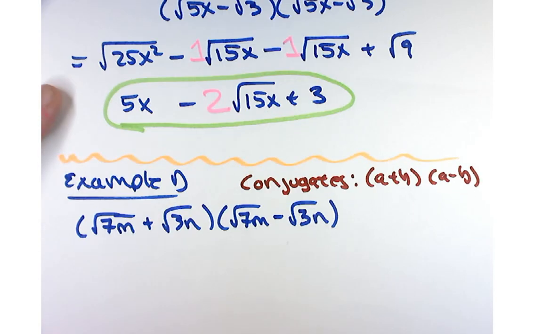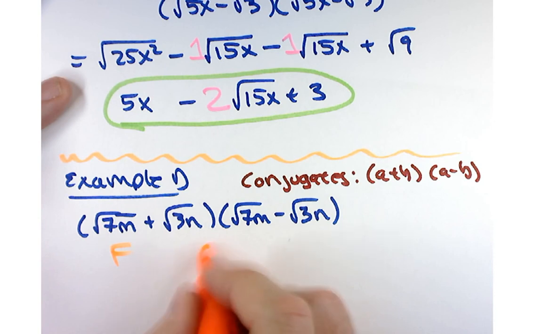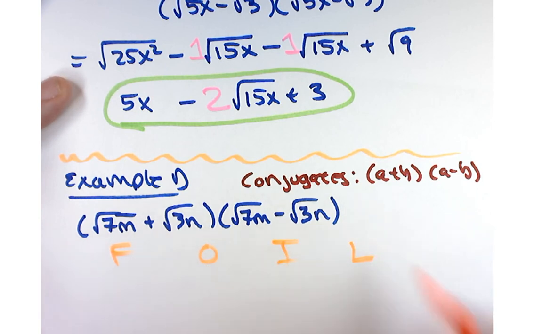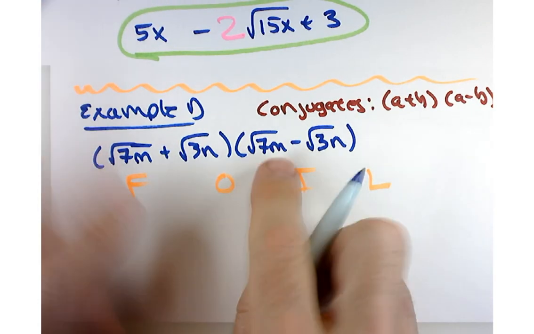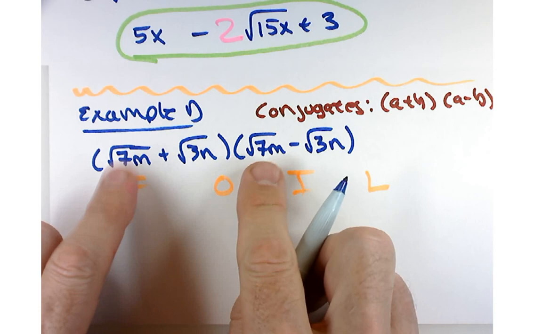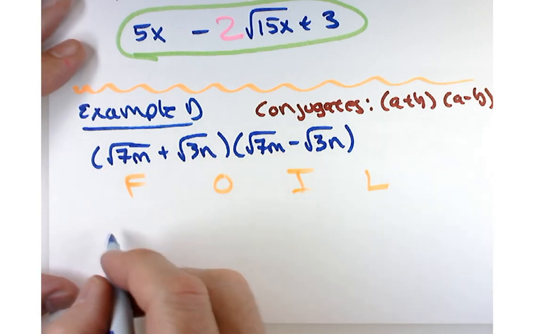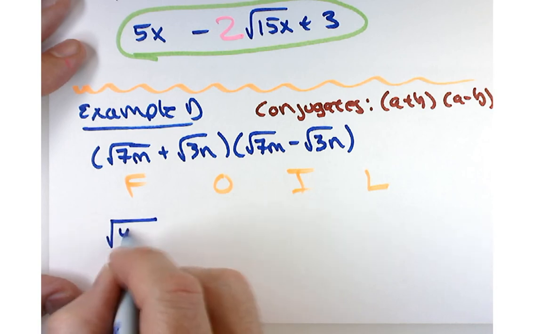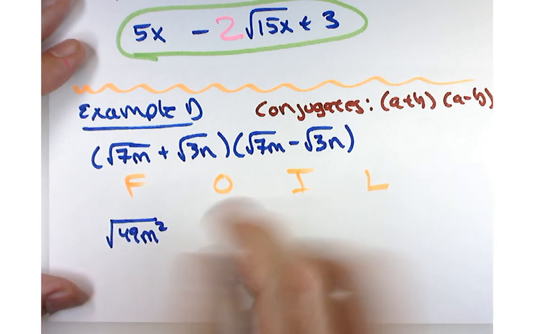All right, so again, another product of binomials. We're going to go through first, outside, inside, last, and see what happens here. Jameson, maybe you can help me out. These are both inside, so inside times inside. It's going to be square root of 49 m squared. Perfect.